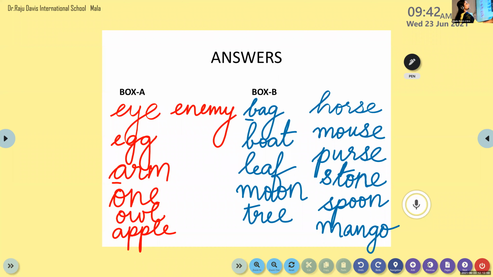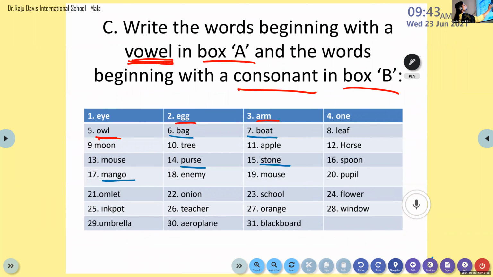Yes, Nainika, come on, read the word. We are finished with enemy. Now we'll move on to the next word.